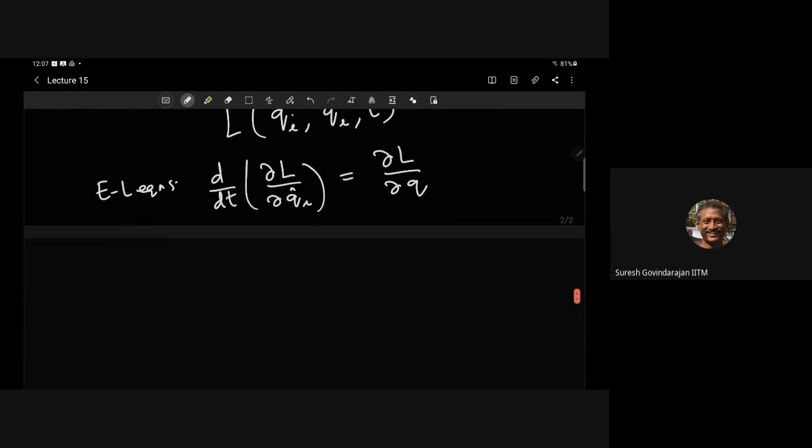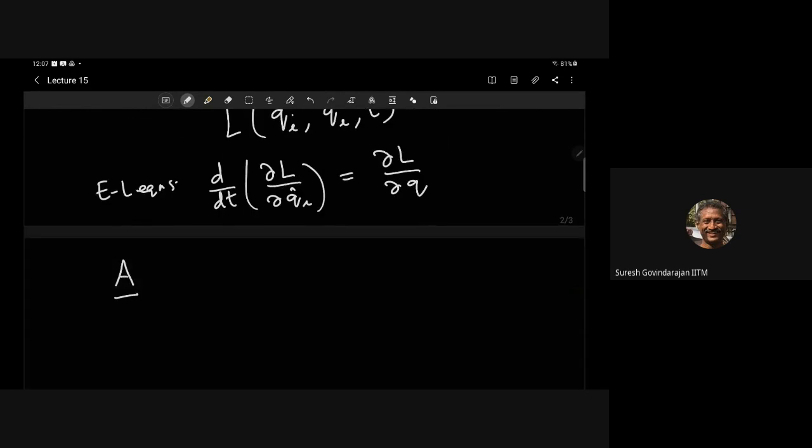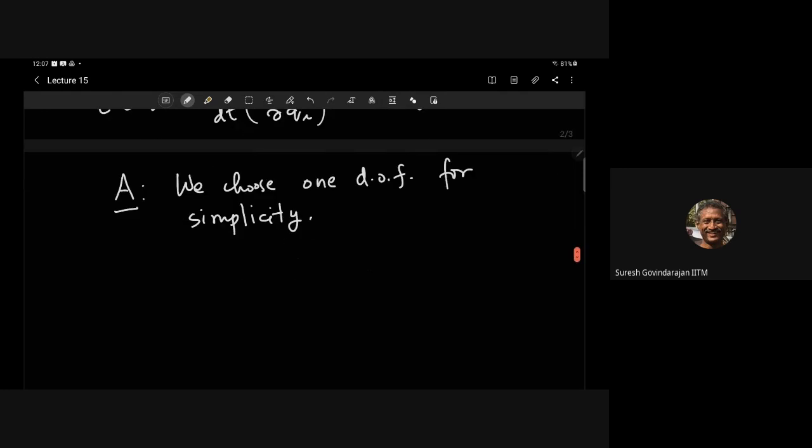So the answer is kind of interesting. We choose 1 degree of freedom for simplicity. Soon I will generalize it. So in this case, L is a function of q, q dot, and time.